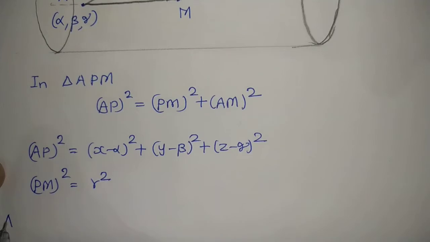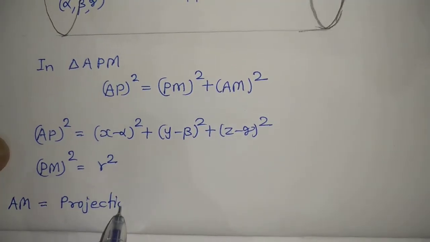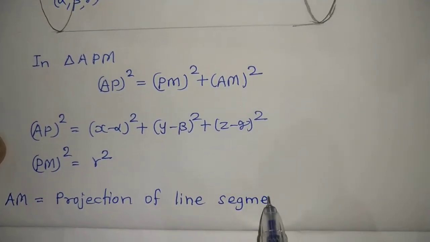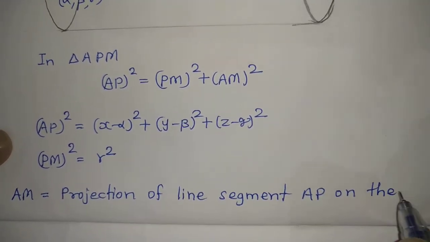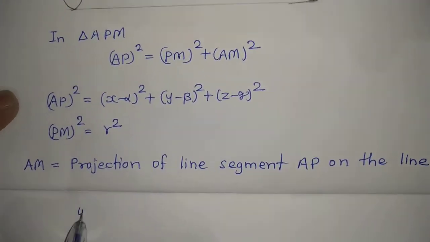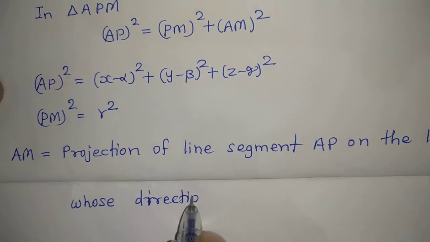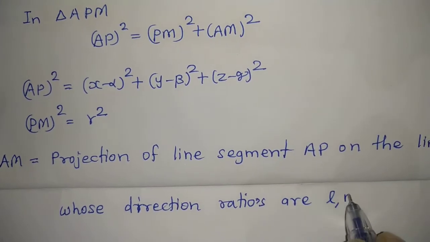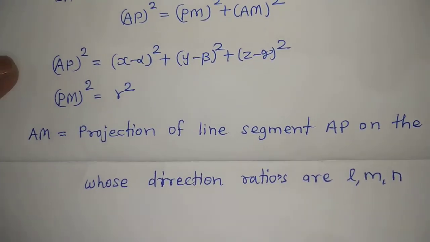AM is nothing but the projection of line segment AP on the line whose direction ratios are L, M, N, and these are also the direction ratios of the axis of the right circular cylinder.